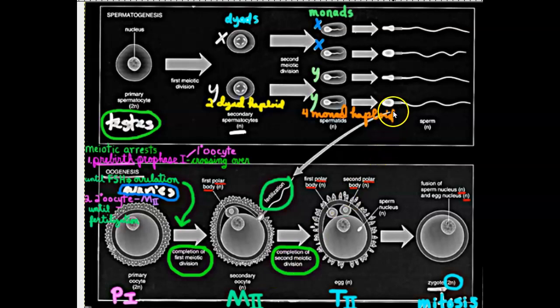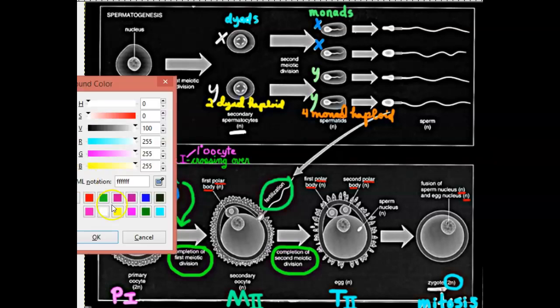But if one of these sperm comes and fertilizes it, it will actually continue and complete meiosis 2. Here are some polar bodies that can remain attached as extra nutrients. Once they get together, then we have mitosis taking place.